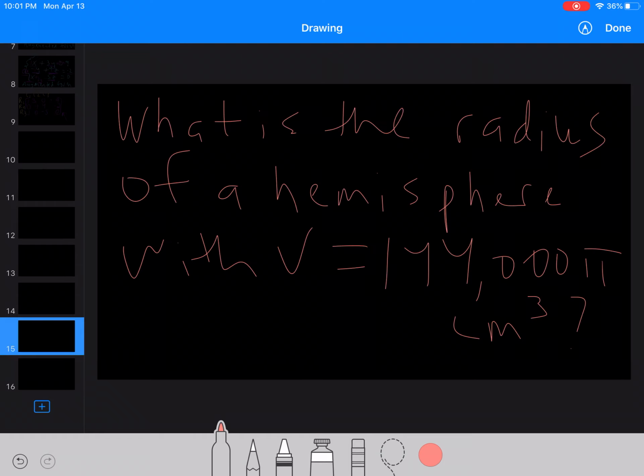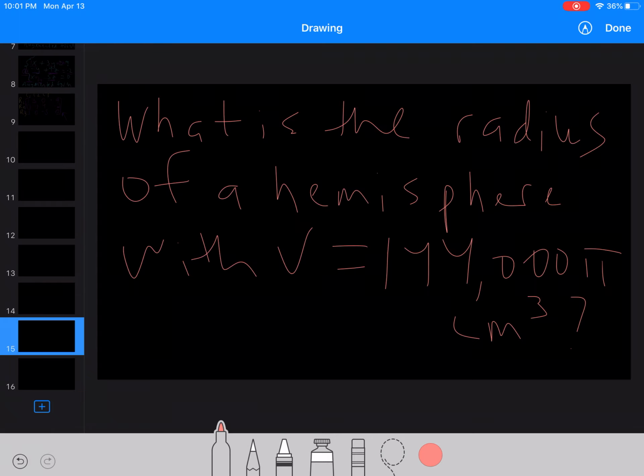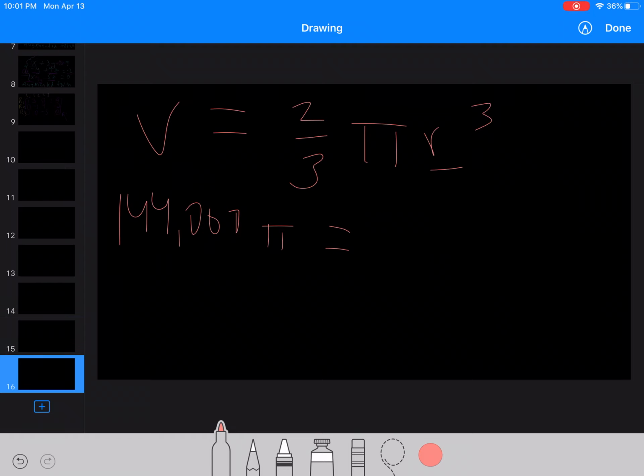We're given the volume, in this case in terms of pi, 144,000 pi, and we have everything else we need, because pi is 3.14.